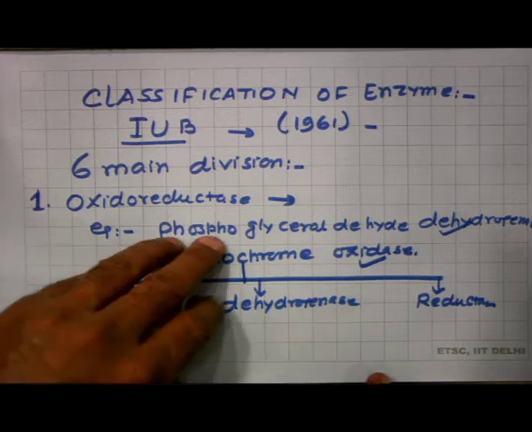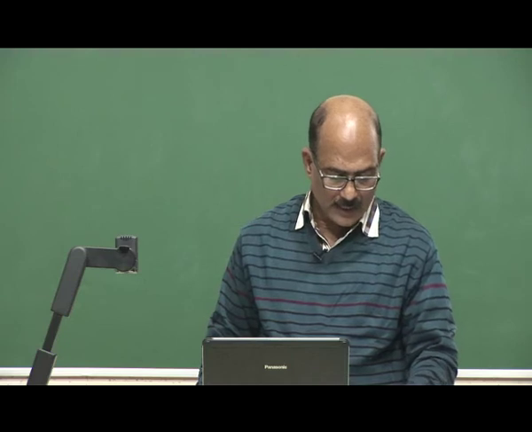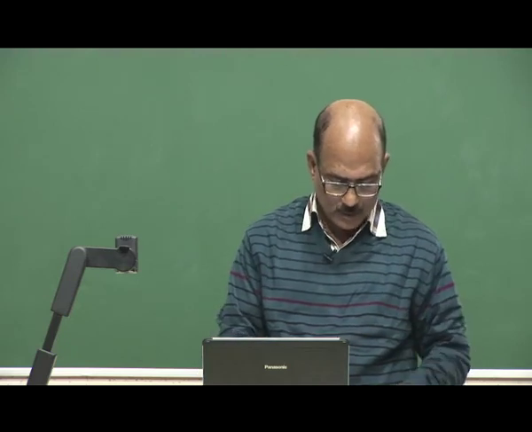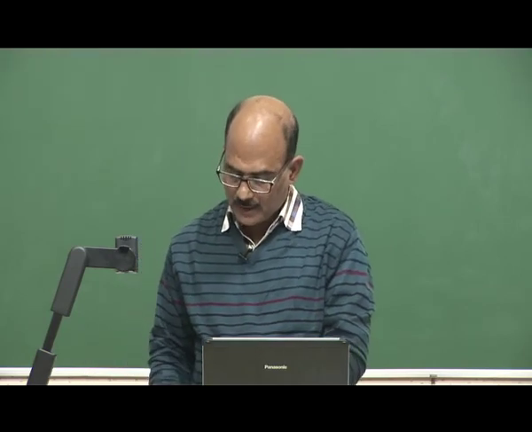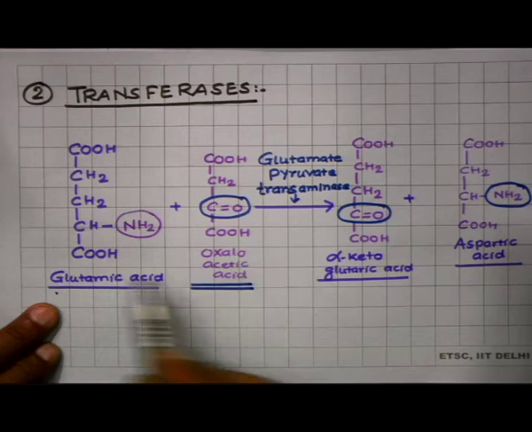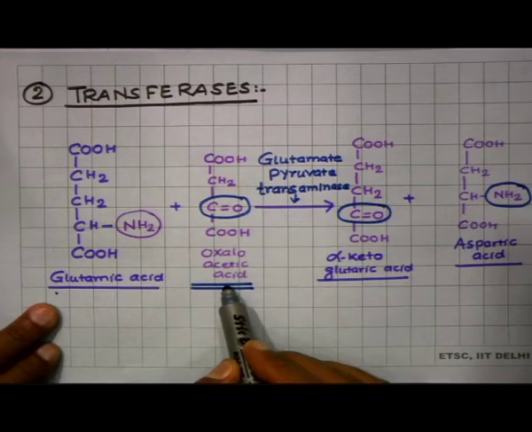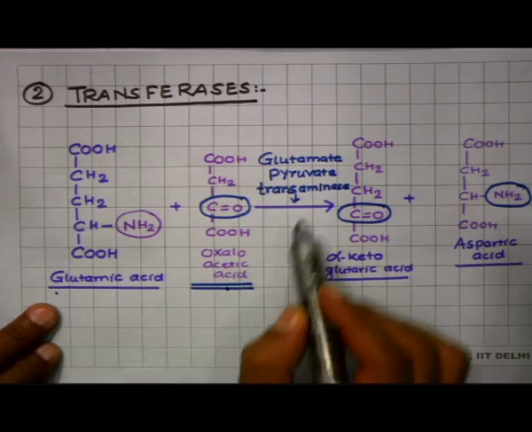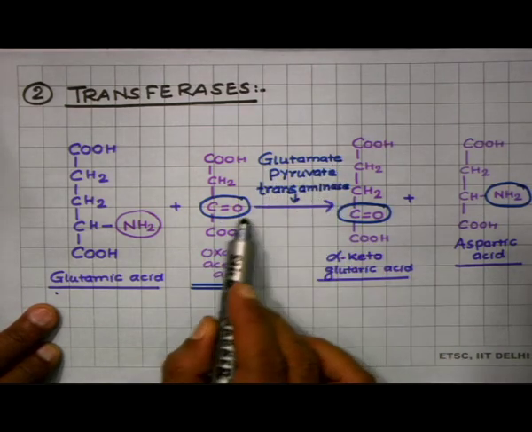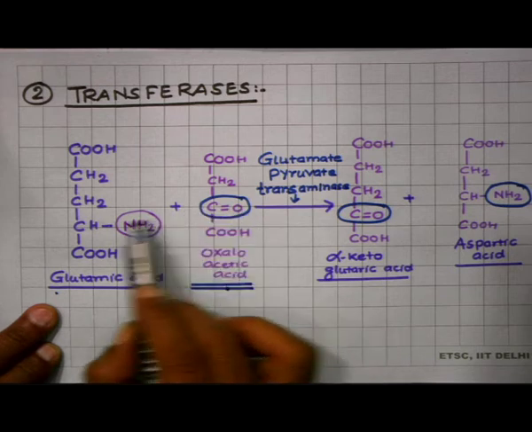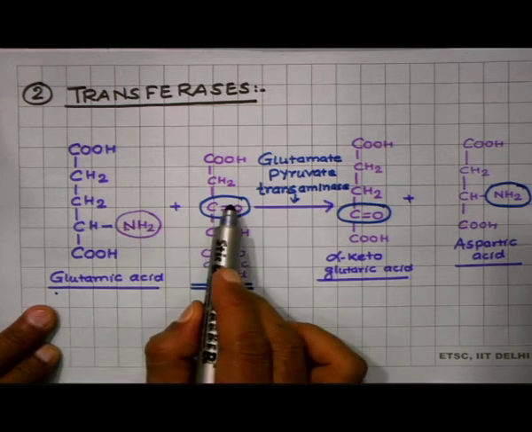Now, next one is transferase. In transferase, there is the transfer of a group or atom. I have already discussed this reaction. Here you have glutamic acid, and this one is oxaloacetic acid. With the help of glutamate pyruvate transaminase, this CO group is transferred here and this amino group is transferred here.